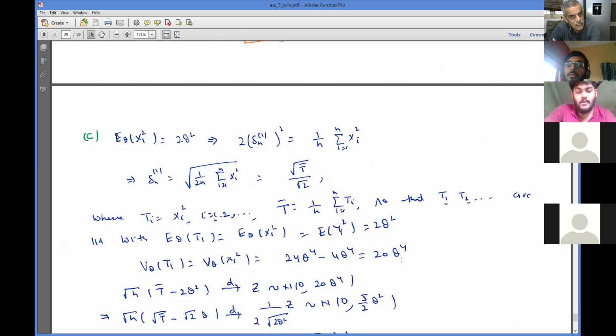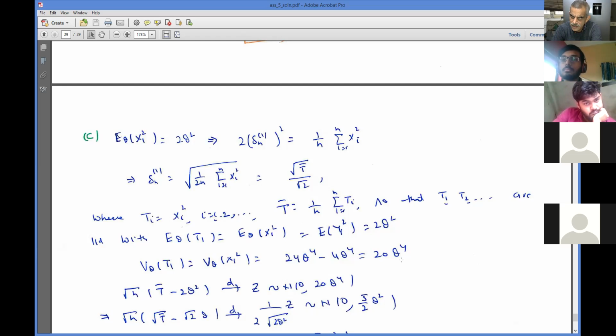Mod of x by theta is standard exponential. Is it chi square on how many degrees of freedom? Chi square on 2 degrees of freedom, right? E to the power minus x density. So mod of x1 by theta is chi square on 2 degrees of freedom.